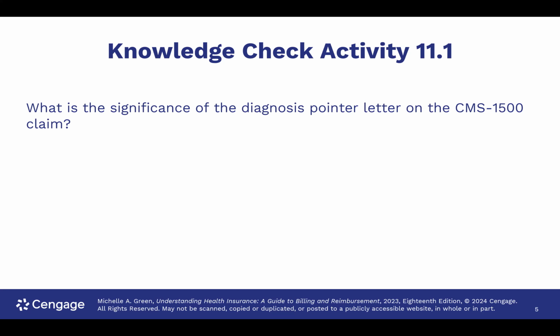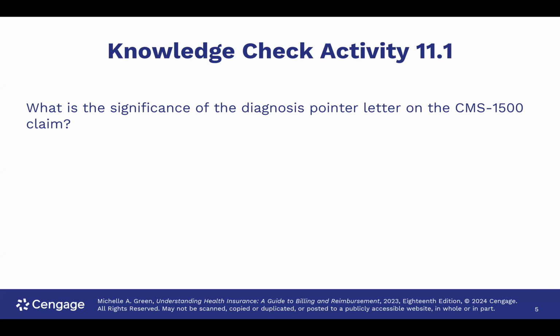And again, the diagnosis pointer letters on the ICD-10 CM codes in field or block number 21 are entered on each line for which a CPT or HCPCS level 2 code is reported. So what it means and what it does is it justifies the medical necessity of these procedures or services that are provided for the payer.